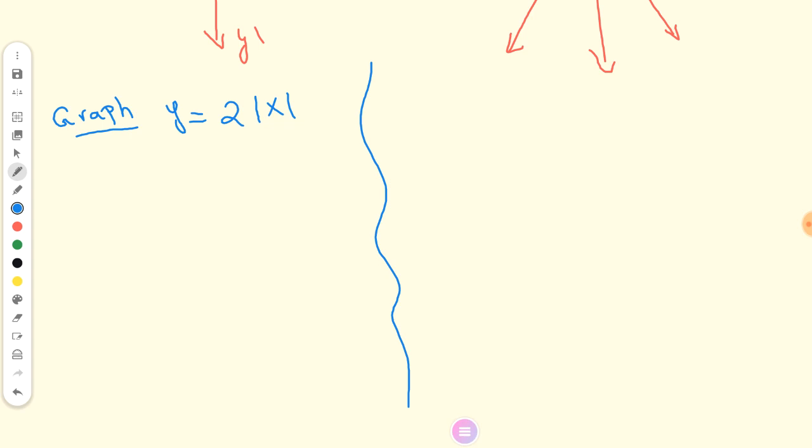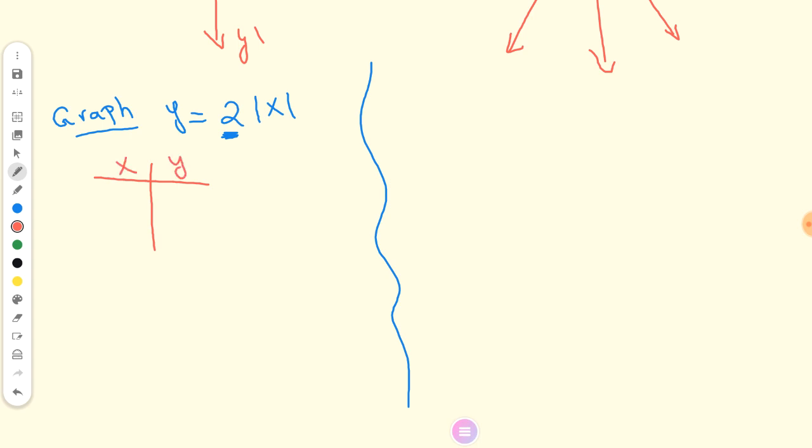Before I graph it, I can know if the V opens up or down. How? Here, this is A. A is 2, more than 0. That means the V opens up.